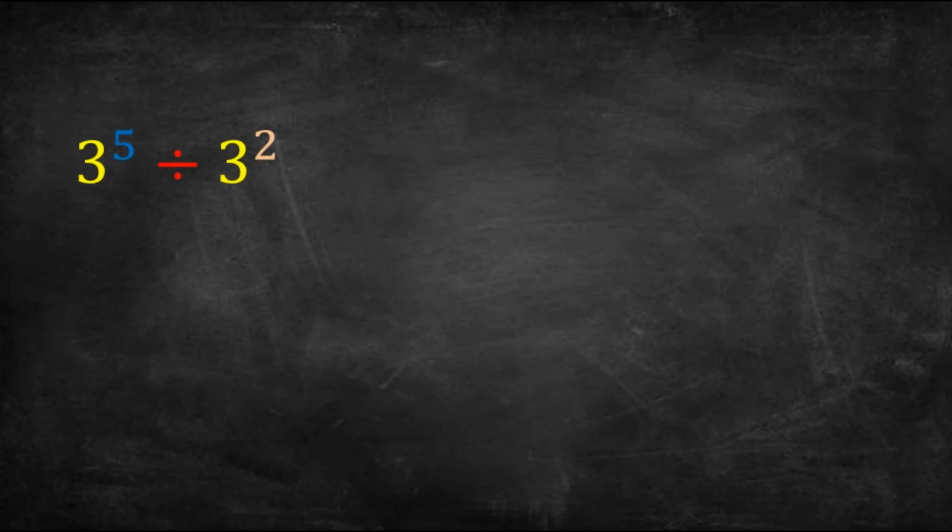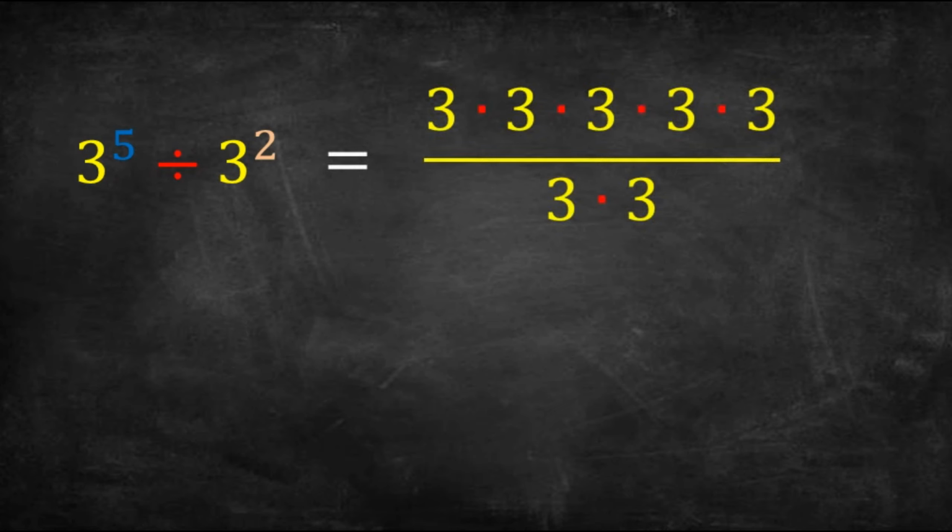Now to see why the second law would work, let's look at the previous example a little bit more closely. We know that 3 to the 5 divided by 3 squared is 3 multiplied by itself 5 times, over 3 multiplied by itself twice.